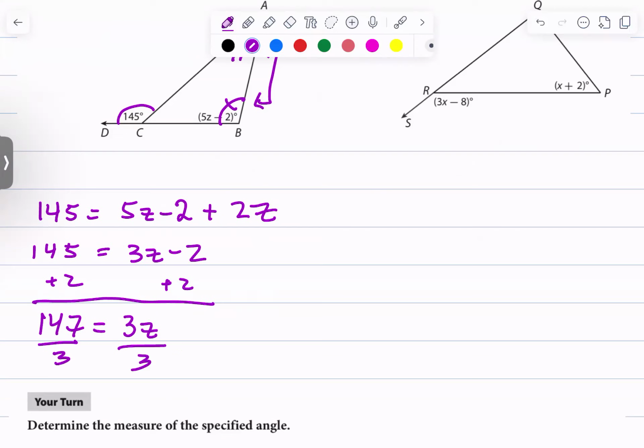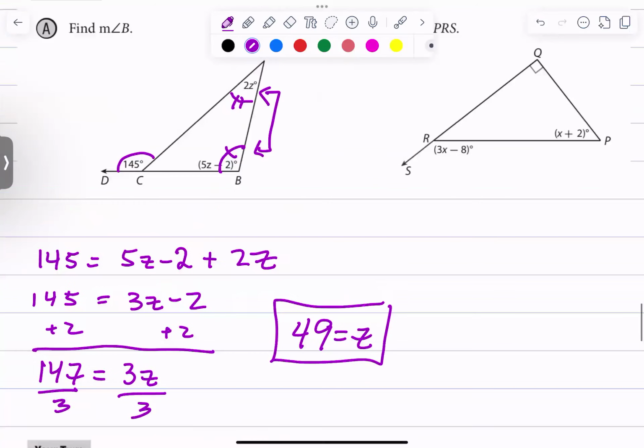That's 49 equals z, right? And then the angle that I'm interested in is angle B, which equals 5z minus 2. 5 times 49 minus 2.